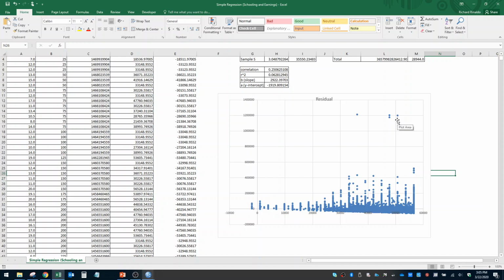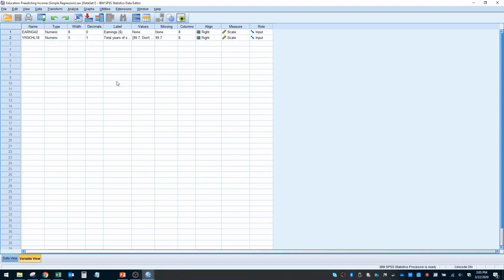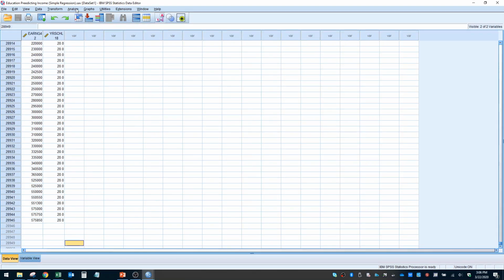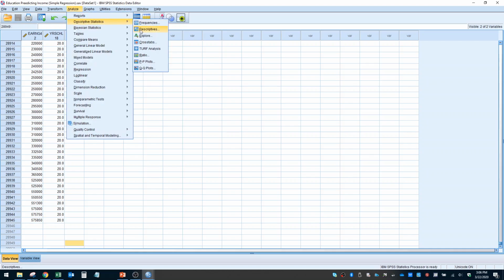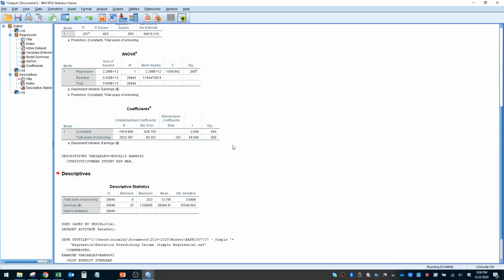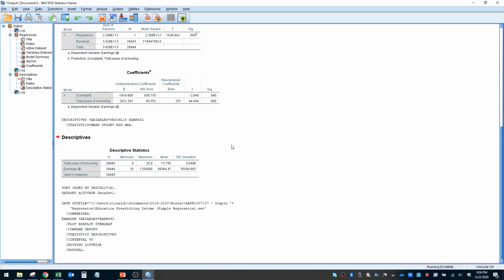And what that means is my income data is not normally distributed. And the best way to see that is I can look at it in SPSS. So if I go to SPSS, Analyze, Descriptives, Explore, and I pick Earnings, it's going to clearly show me that the data is not normally distributed.